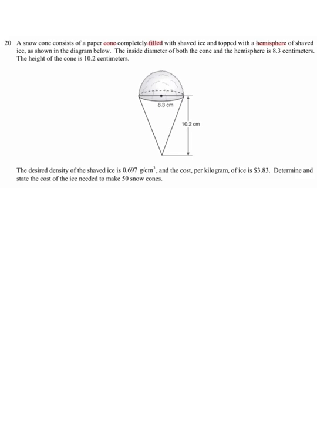All right, so in the next part of the problem, they're telling us the desired density, so this is the density of the shaved ice. I like to just highlight the important information. And the cost per kilogram, so this is a unit rate, cost per kilogram is $3.83.